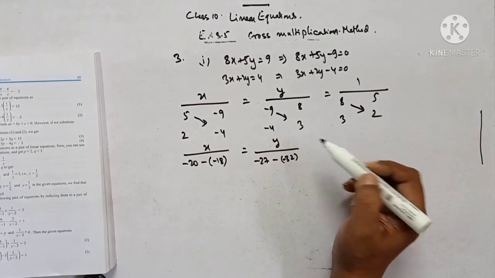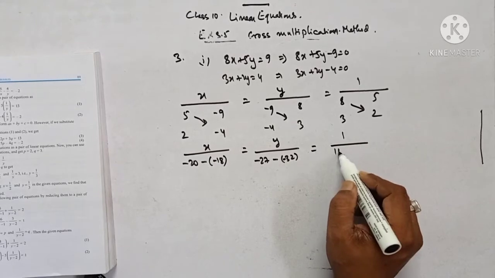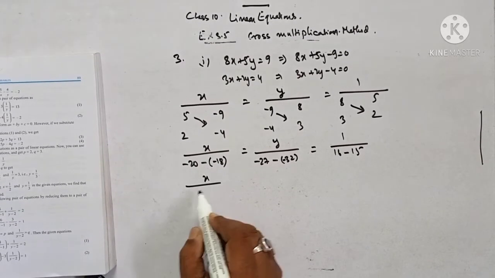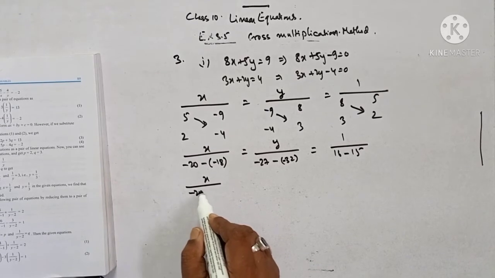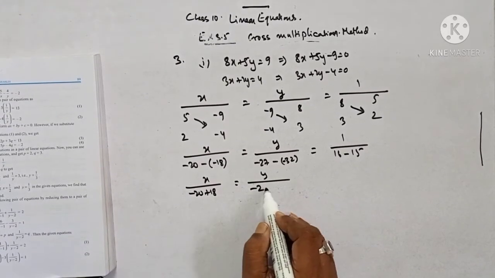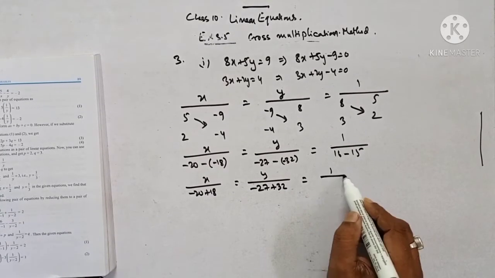And 1 by 8 twos are 16 minus 15. So x by minus 20 plus 18, and y by minus 27 plus 32, and this is 1 by 1.